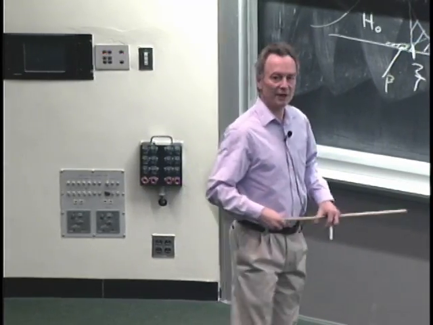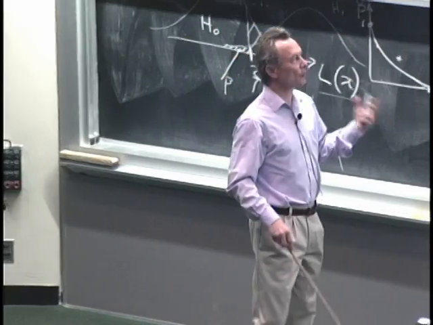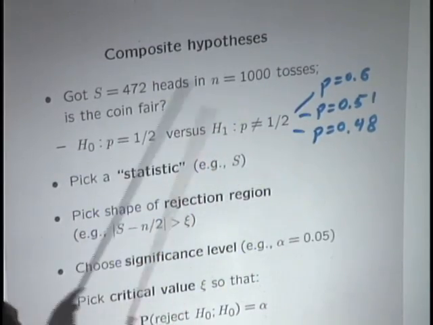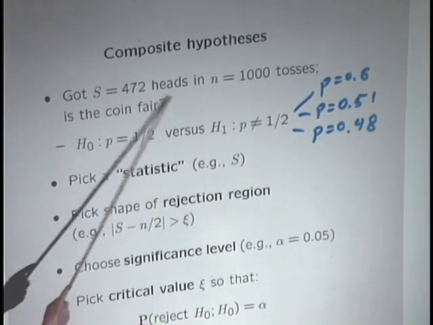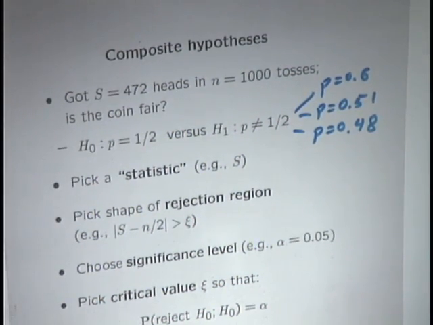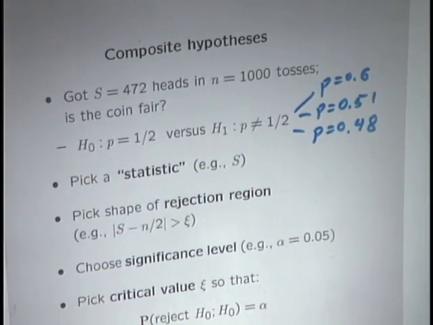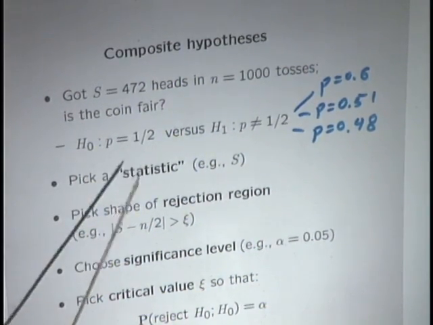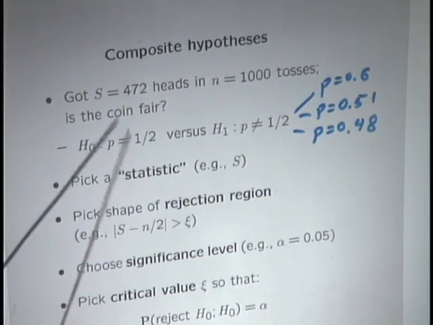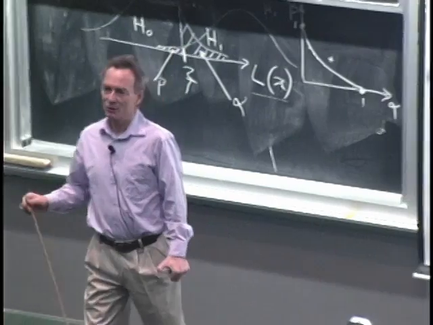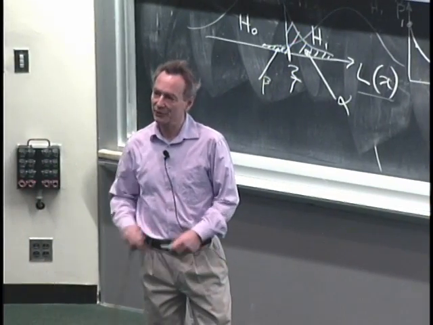You get some data, that is, you flip the coin a number of times. Let's say you flip it 1,000 times. You observe some outcome. Let's say you saw 472 heads, and you ask the question, if this hypothesis is true, is this value really possible under that hypothesis, or would it be very much of an outlier?